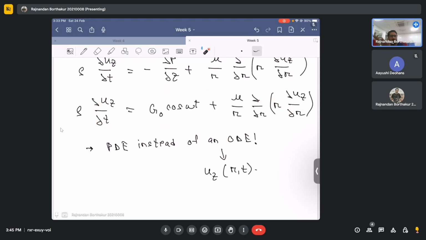Why? The very straightforward reason is that we know how to solve an ODE. Analytically solving a PDE by hand is very difficult. So every time you get a PDE and we seek an analytical solution, our first objective is to convert that PDE into an ODE. So that's the idea.